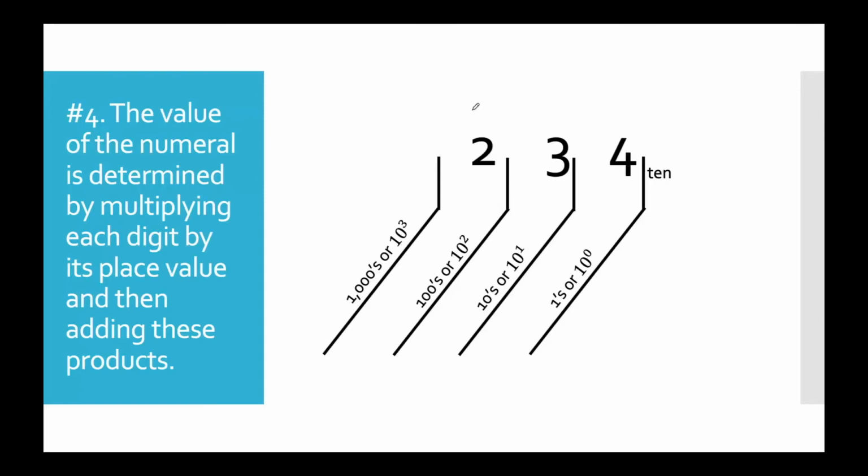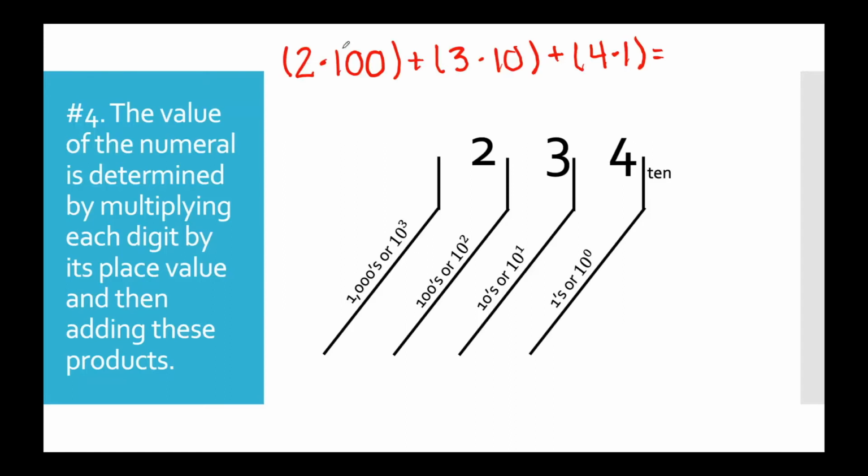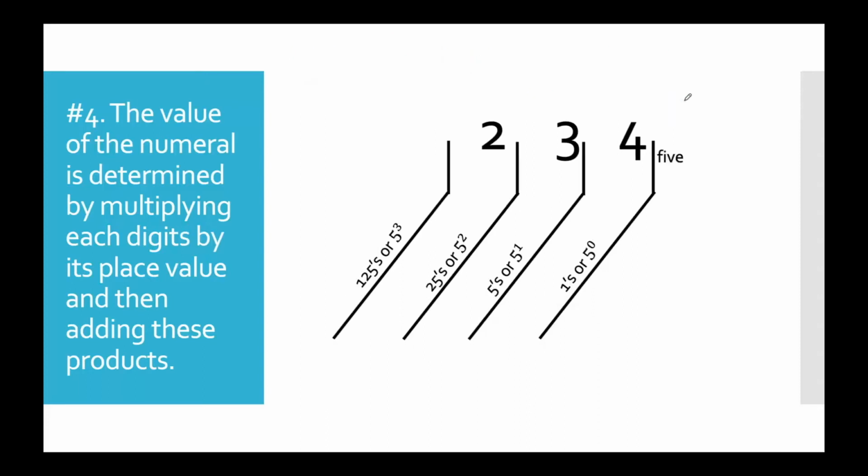In base 10, the number 234 can be expanded and its value explained by the following formula. 2 times 100, since there's a value of 2 in the 100's place, plus 3 times 10, since there's a value of 3 in the 10's place, plus 4 times 1, since there's a value of 4 in the 1's place. When I multiply and add my products together, I find that the number 234 base 10 has a value of 234. The same concept applies to all other bases.